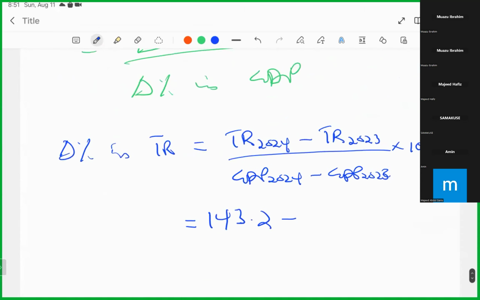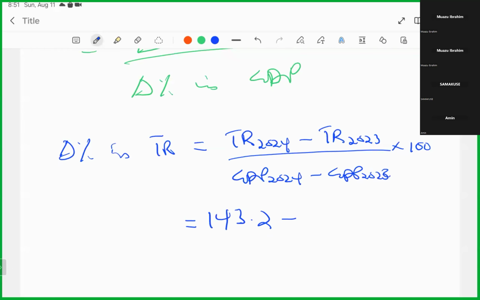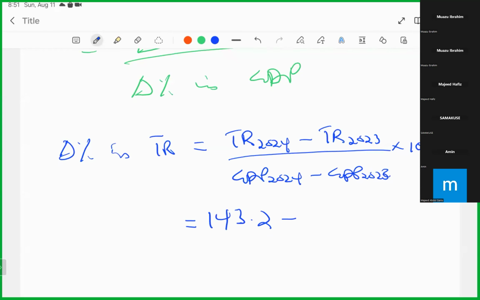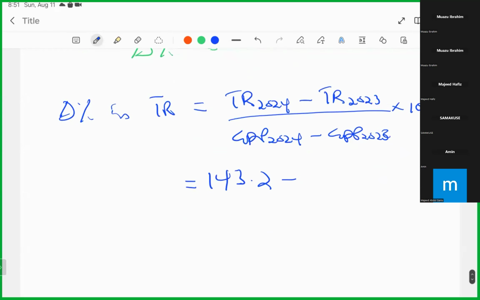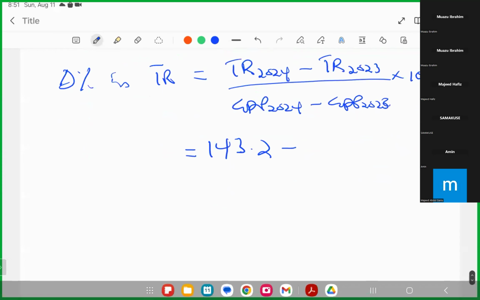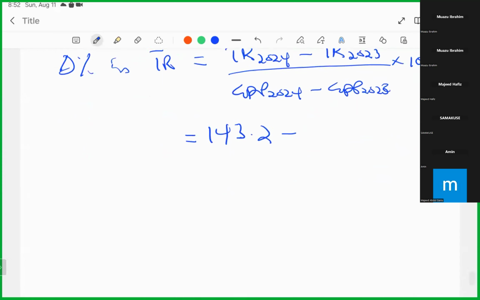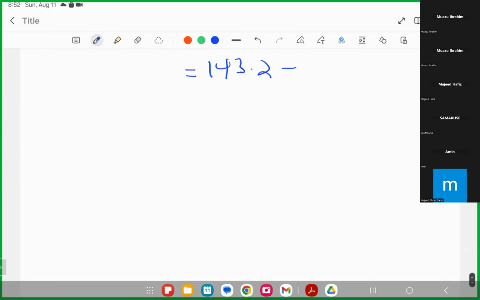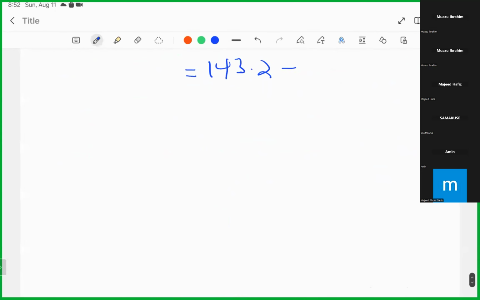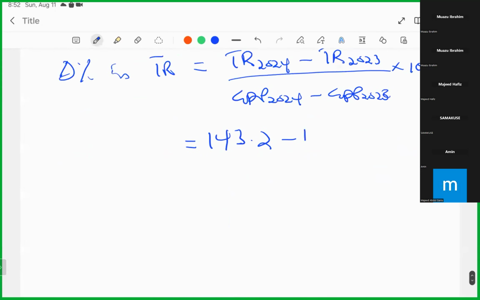The previous tax revenue is what? 108. Point what? We have to go up.